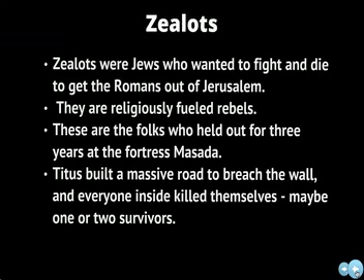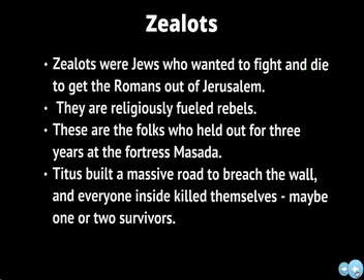And Masada was his crown jewel. It was basically an impenetrable fortress that could hold a lot of soldiers for a very, very long time.